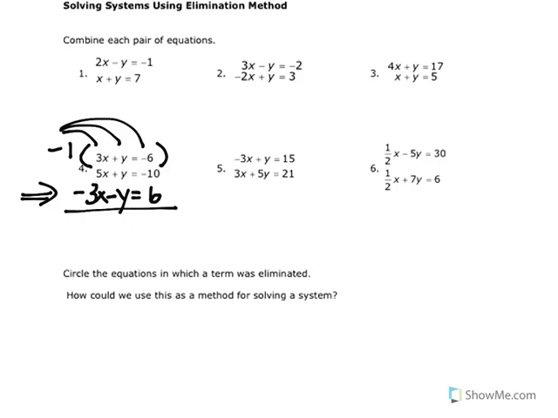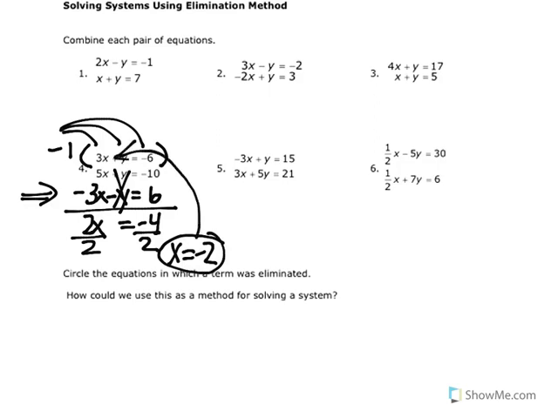Okay, so now let's put the two equations together. 5x minus 3x is 2x. y minus y cancels out. -10 plus 6 equals -4. Divide by 2, and x equals -2. Bam! And there we've used elimination. Now that you know that x equals -2, plug that back into one of your other equations, and you can solve for y.